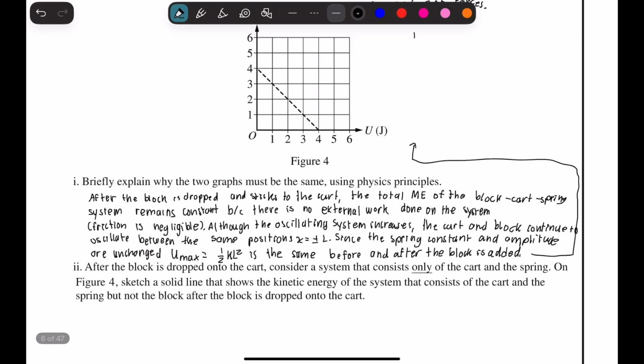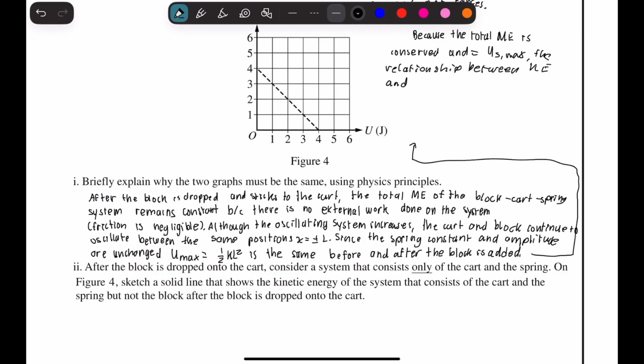So, because the total mechanical energy is conserved and is equal to U spring max, that means the relationship between kinetic energy and potential energy remains unchanged.